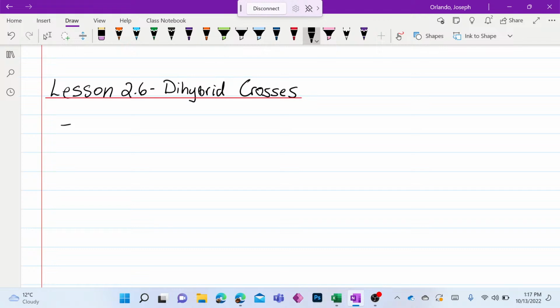Now, to be clear, when you cross two organisms, what's it mean to cross them? Not to be indelicate, but they reproduce, right, sexually. So when we talk about crossing, we're talking about having two organisms reproduce. So in this case, we are going to observe two traits. Now, when two organisms reproduce sexually, they cross all of their traits.